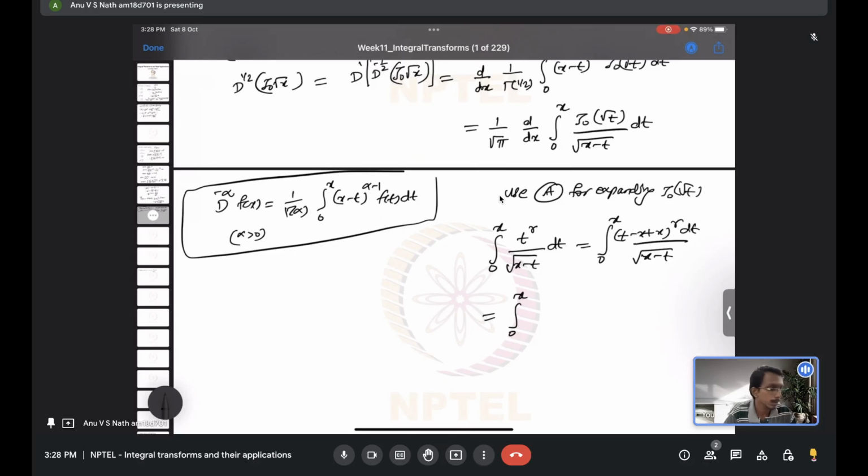Now we use the binomial expansion, which is r choose p, where p is going from 0 to r, minus 1 the whole raised to p, x raised to r minus p, then x minus t the whole raised to r, then we are dividing by x minus t, dt.